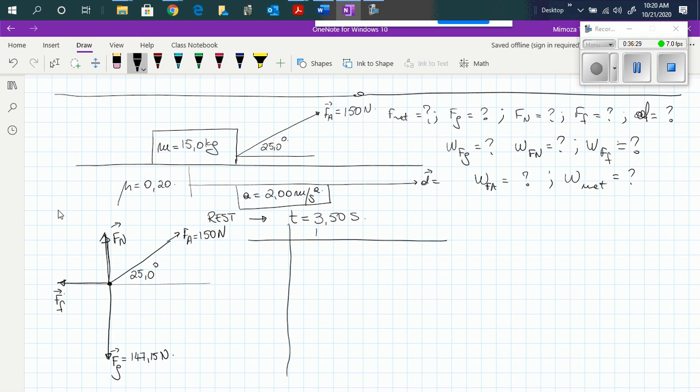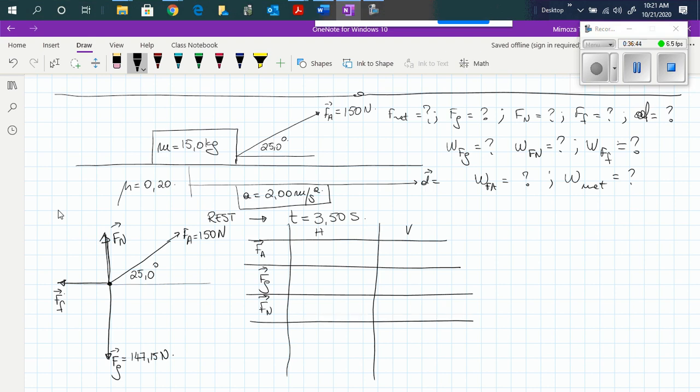Building the table: horizontal, vertical, force applied, force of gravity, force normal, force of friction, and then we end up with force net.